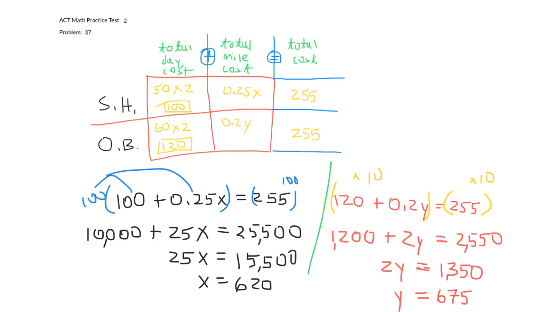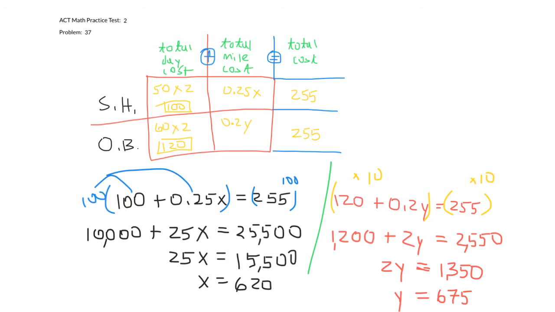Now, the first thing you need to make a mental note of, at least as it pertains to this problem, is that 675 is more than 620. So the amount of miles that you'd be able to travel with the Ocean Blue Company, assuming you only have $255 at your disposal, is more. That's actually the first question they ask: which company, if either, allows him to travel more miles? Well, that would be Ocean Blue.